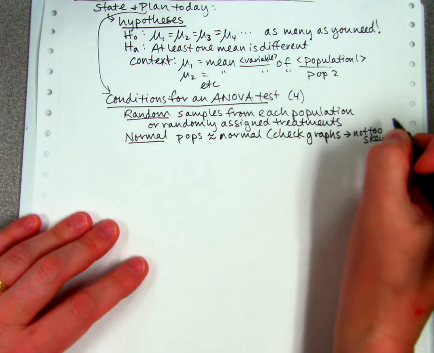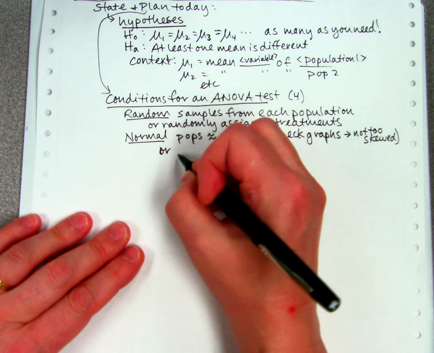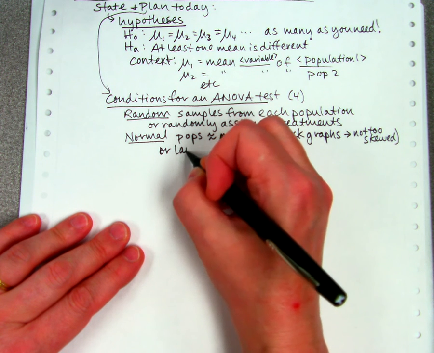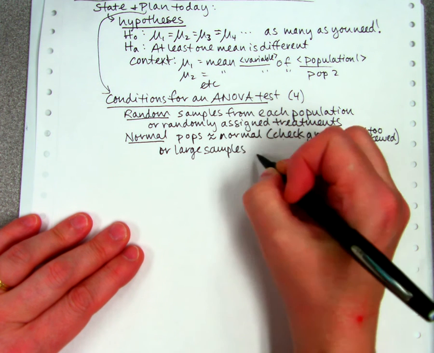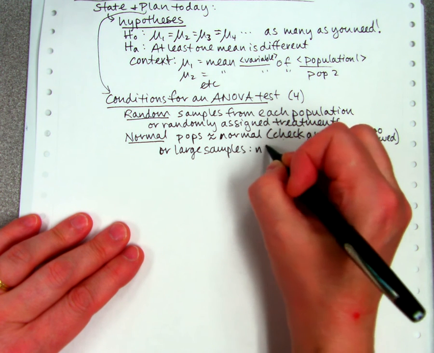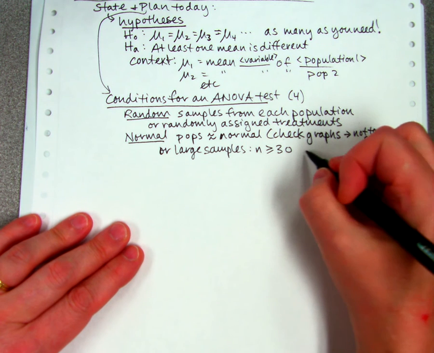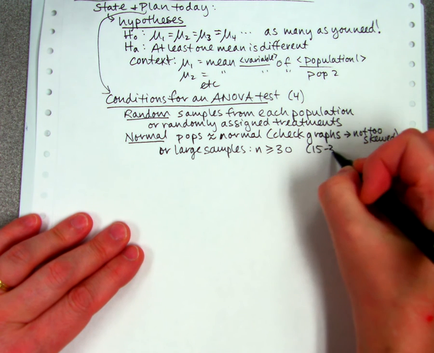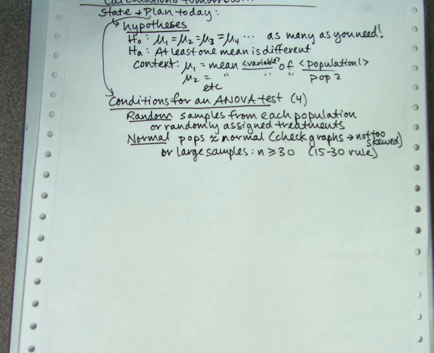Or since this is means, we can still do what we've done before with the n, or you could have sample sizes that are large. If n is greater than or equal to 30, then that's good enough. We're going to use the 15-30 rule here also. If it's between 15 and 30, we're going to be not too picky about the skewness. And if it's under 15, it needs to be just about perfectly symmetric. But yeah, just check to see if they're not too skewed.